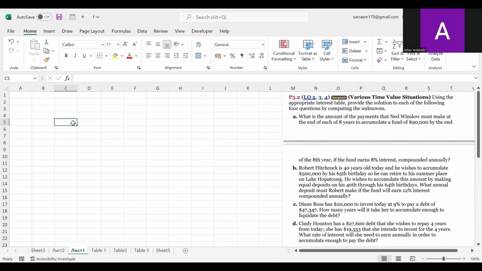What do we know about annuity? Annuity can be two types: ordinary and annuity due.